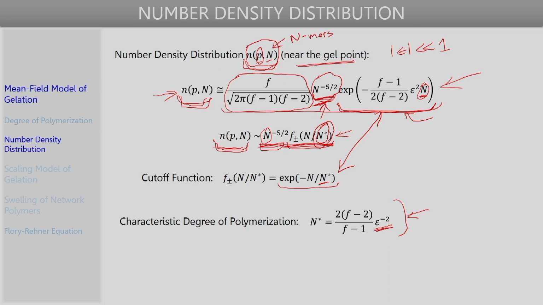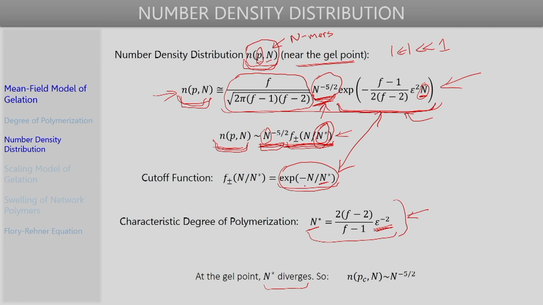As the extent of reaction tends to 0, or as we approach the gel point, we see that this n star diverges. So, at the gel point, this characteristic degree of polymerization also diverges, and since n star tends to infinity at the gel point, the cutoff function will tend to 1.